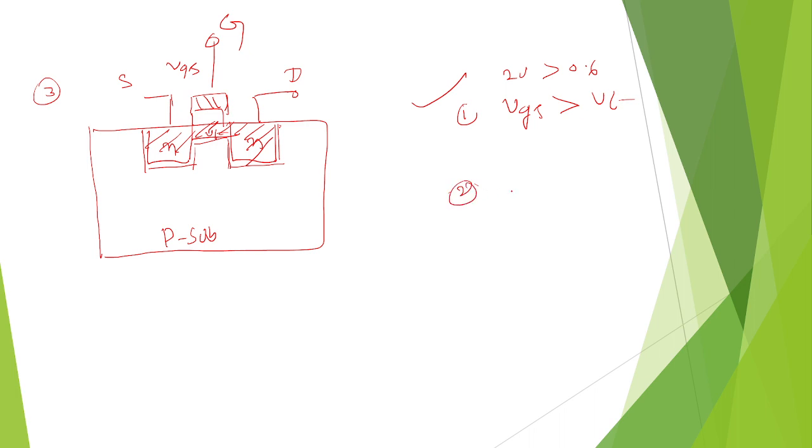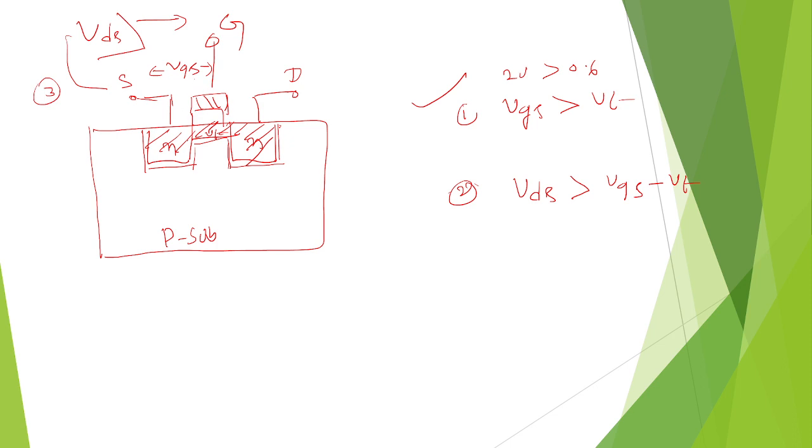Coming to the second condition, VDS should be greater than VGS minus VT, the net voltage. Here the voltage between gate and source is VGS, and the voltage between drain and source is VDS. Now VDS is greater than this.